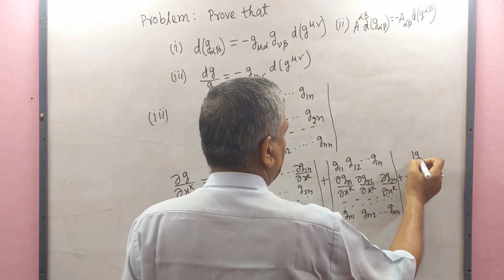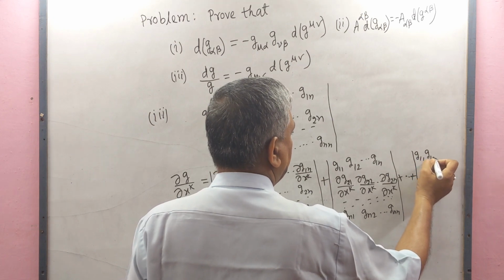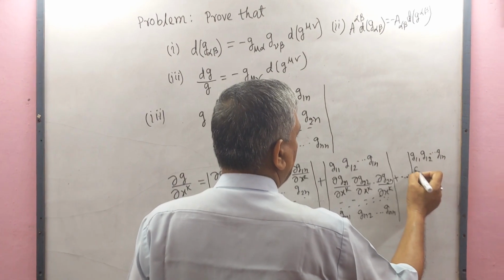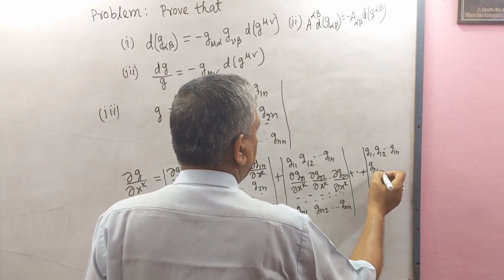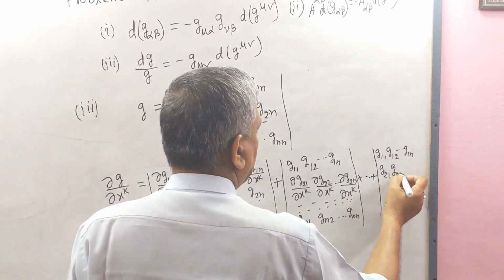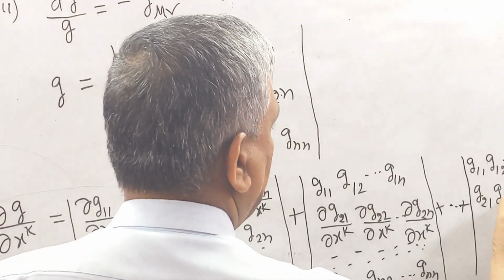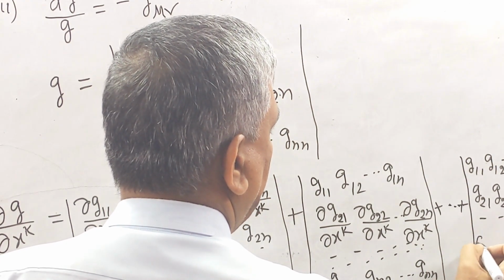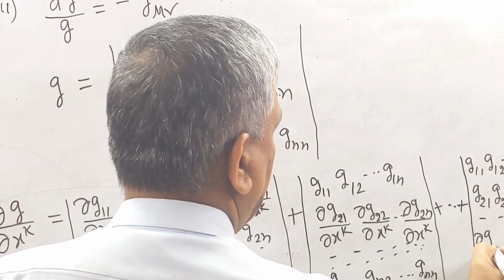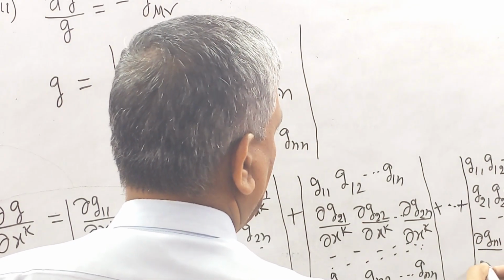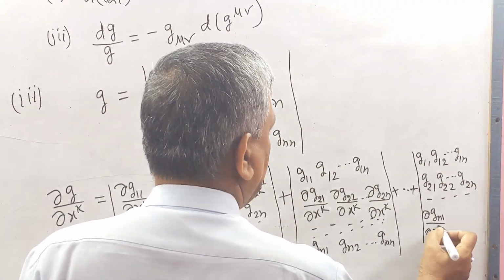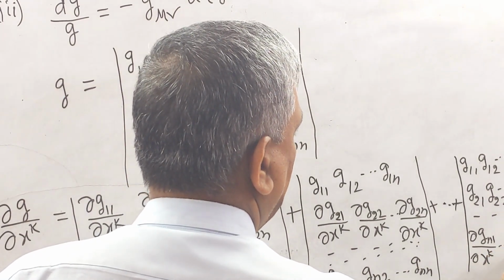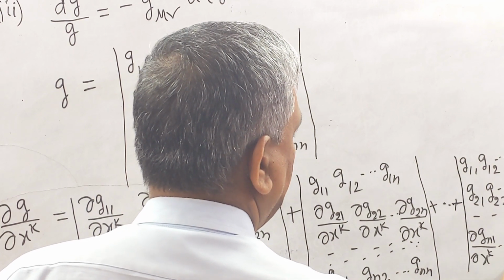So this will be g11 g12 g1n, g21 g22 dot dot dot g2n, del gn1 by del xk, dot dot dot del gnn by del xk.